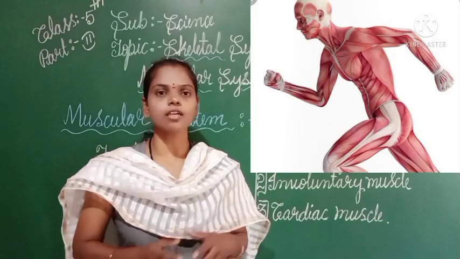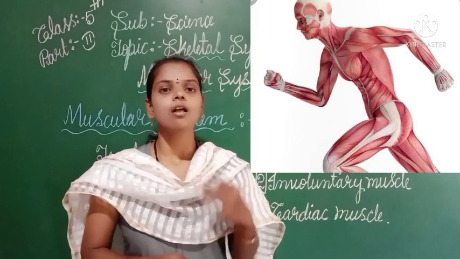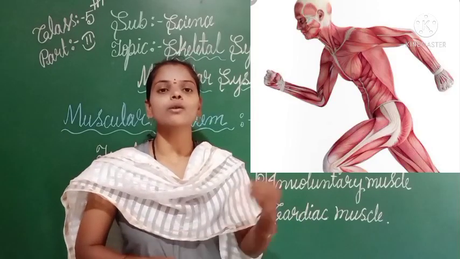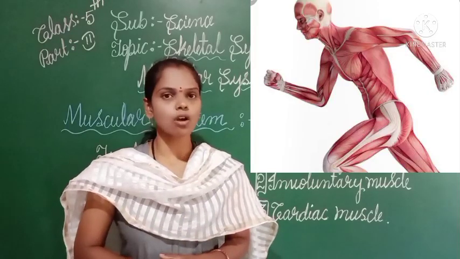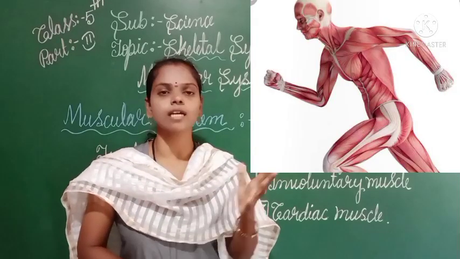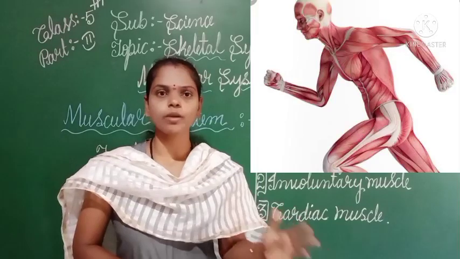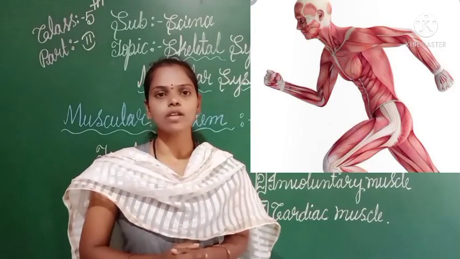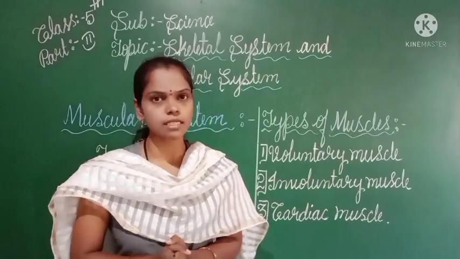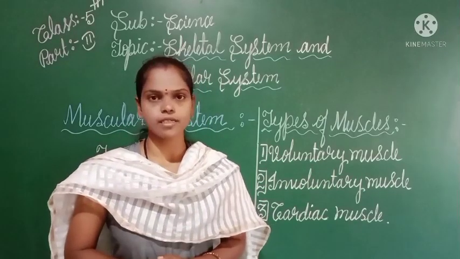For example, if a pencil falls down, you have to bend your body to pick it up, right? Voluntarily, you know that it has to be done. Such muscles are known as voluntary muscles or skeletal muscles.